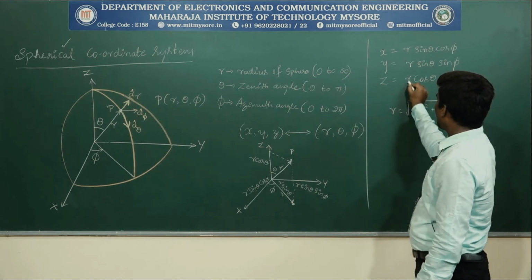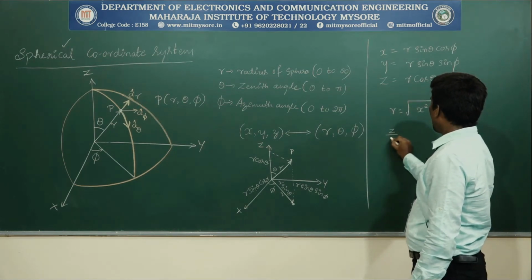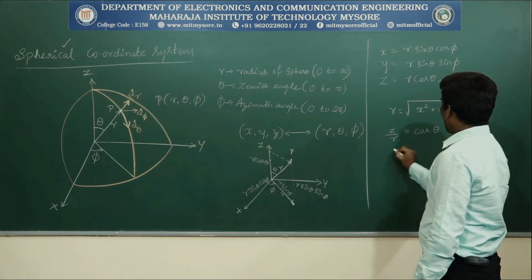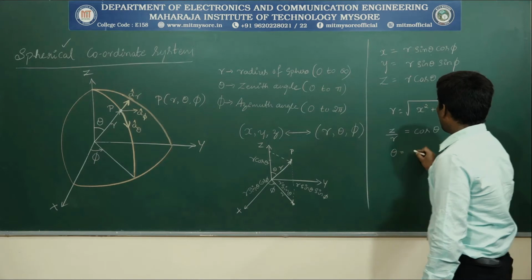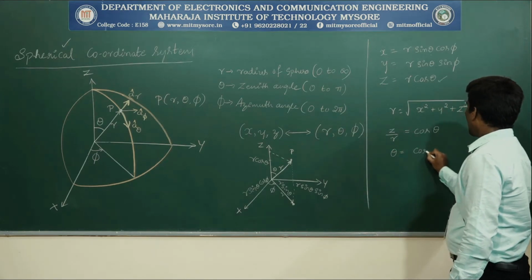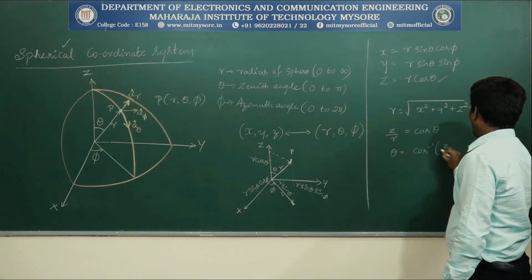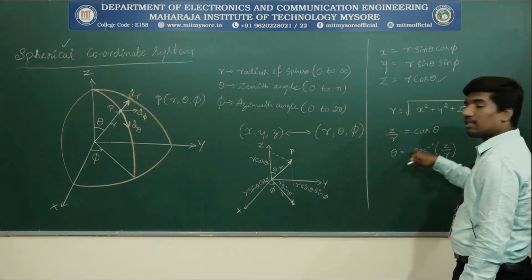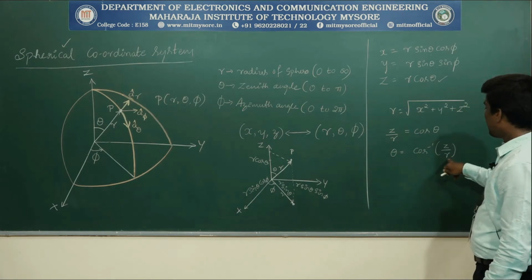Then what about theta? Second component is theta, which is obtained from this equation. Let me do the cross multiplication. This is z by r is equal to cos theta. In order to obtain theta, theta is equal to cos inverse of z by r. Now this theta should be represented in terms of x, y, z, not with respect to r.